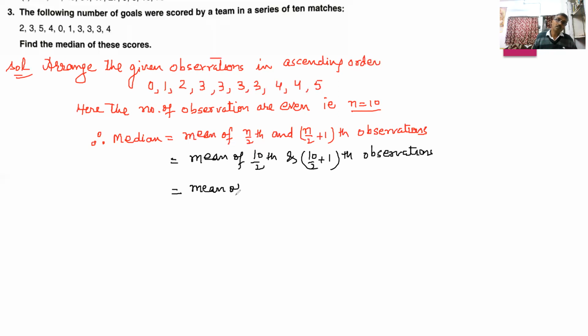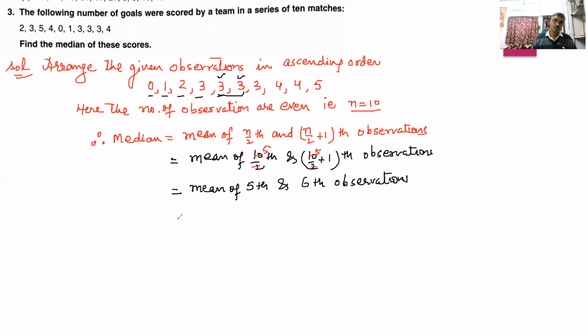Mean of 10 by 2, that is 5th, and 10 by 2 plus 1, 5 plus 1 कितना हो गया 6, and 6th observation. Which one is the fifth term? Count here. 1, 2, 3, 4, 5. Fifth is this and sixth is this.